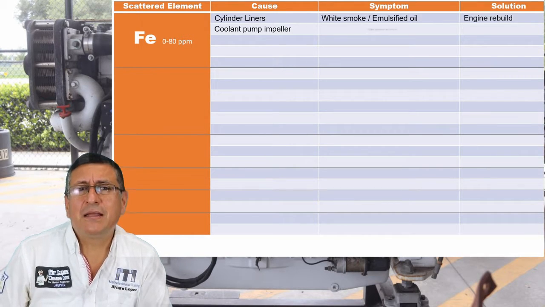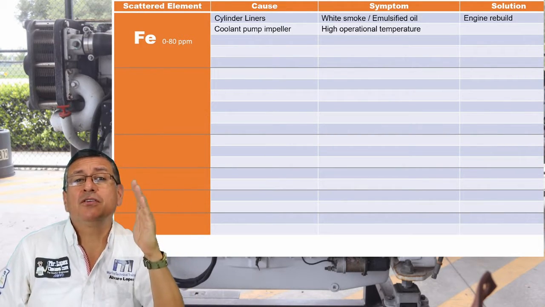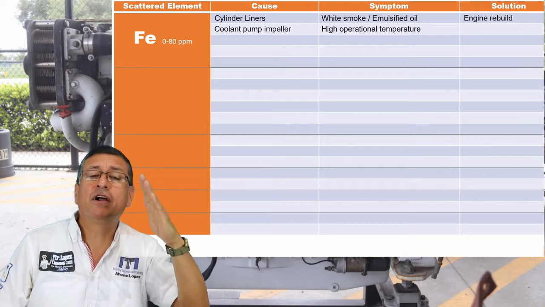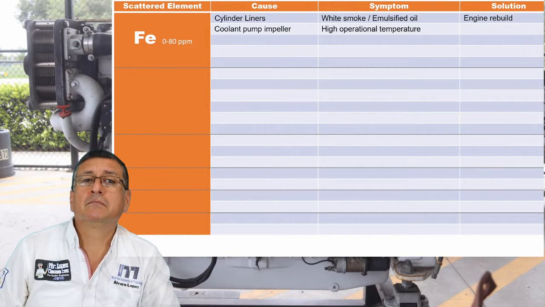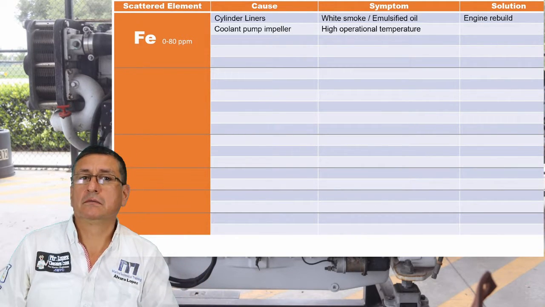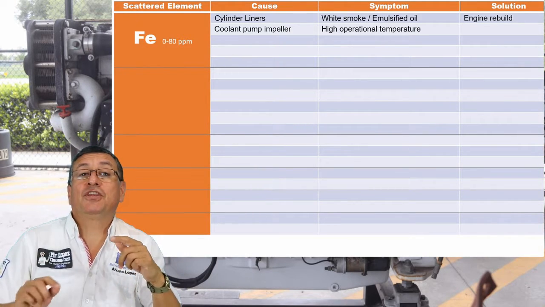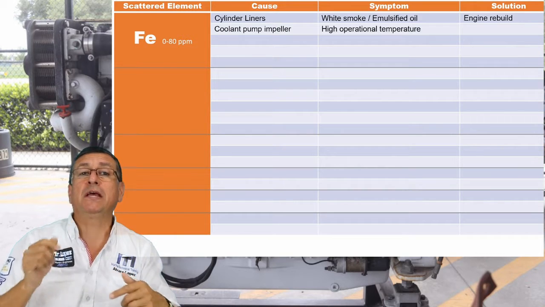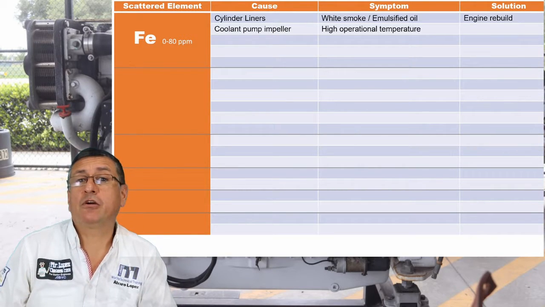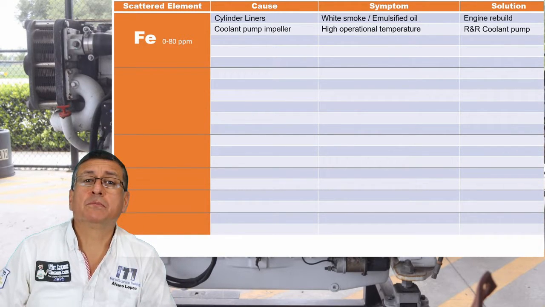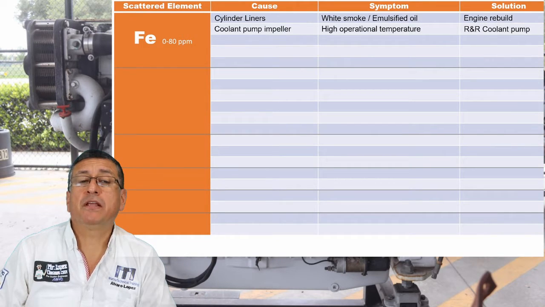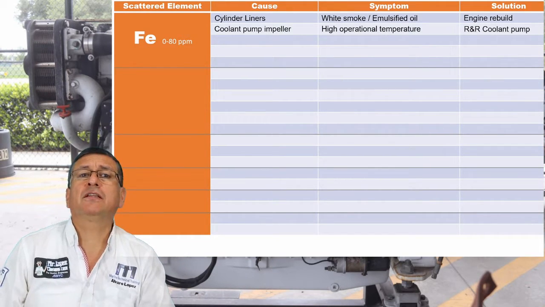The temperature is over the recommended limit. My engine is running hot because the coolant pump is not circulating the coolant appropriately. What is the recommendation? Remove and replace the coolant pump. Simple. Be careful with the gasket, the procedure that I explained before.